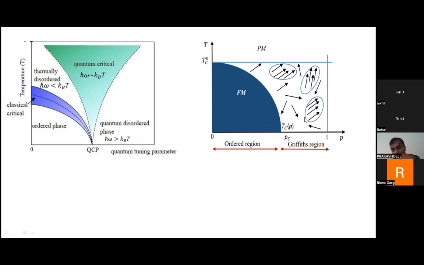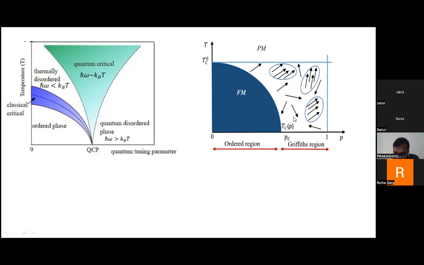In this region there are randomly oriented clusters of spins, and each surrounded region is known as a rare region. You can see the spins arranged in a particular direction, which is a representation of the ordered state, even though in the background all the spins are randomly oriented.